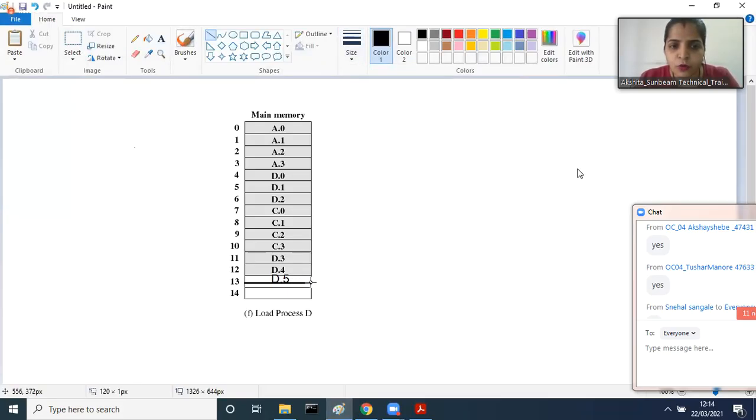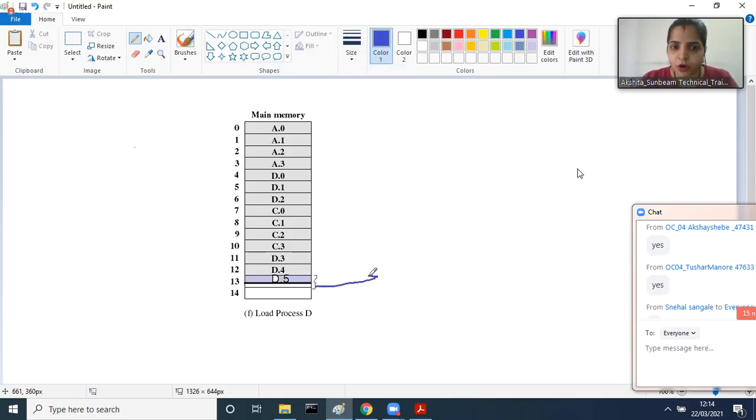I will require only this much data. So if I try to fill this as well with the same color, can I say block page number 13 is partially used by D5 and partially it is empty? Can I say like this? Right. Can you please tell me which type of problem is this?